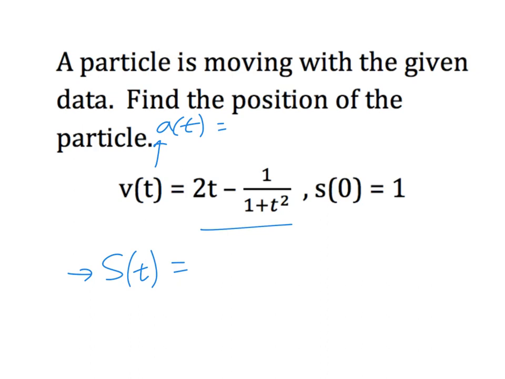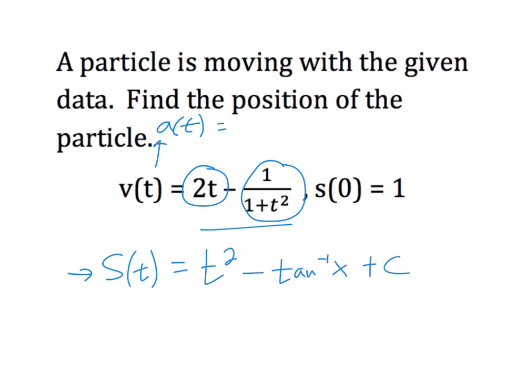So if I take the antiderivative of this first term, that ends up being t squared. And notice that's, again, tangent inverse. And so it ends up being tangent inverse of x, and then don't forget plus c. And then now I use that condition to find c. So if I sub in 0 for x, my output's 1.